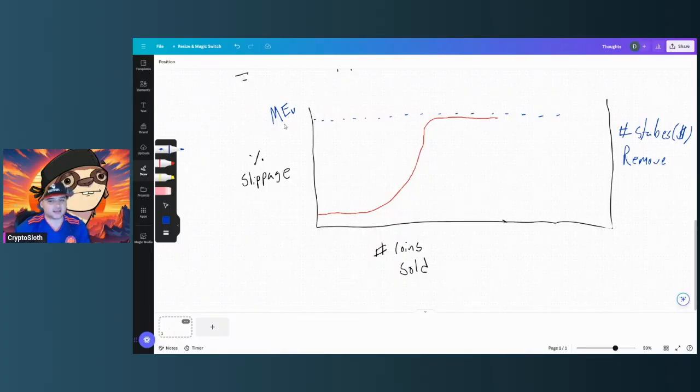And it becomes asymptotic at that point. So as the number of coins sold goes up, the number of stables removed also goes up. And that makes sense because you're putting in Pulse and you're removing DAI. So the number of stables removed is going up. And the point at which it hits MEV, that percent slippage curve becomes asymptotic at that exact level if you chart all three of these axes at the same time.